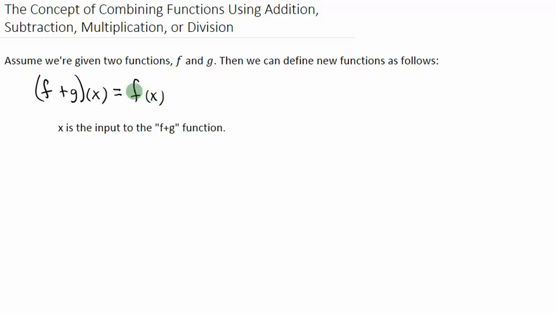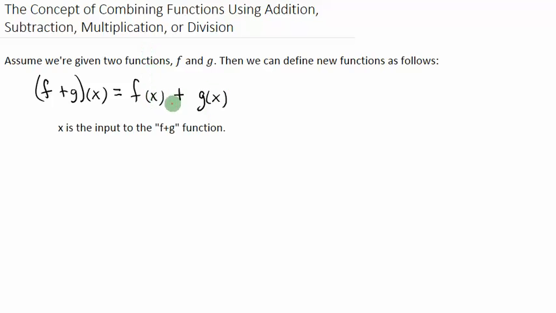You also take the same x and input it to g. And then you calculate those outputs. F of x means the output of f. G of x means the output of g. And you then add those outputs together. Okay? So by definition, this new function is defined to be f of x plus g of x.